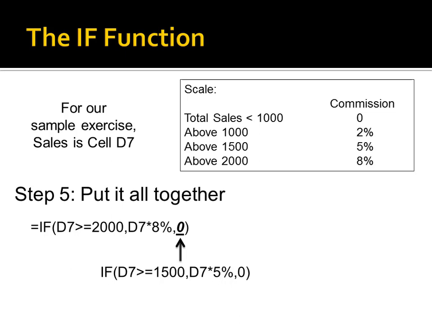Now, stay with me for a second. I want you to notice that the top function has an open parenthesis and a closed parenthesis. This function we're about to put in has an open parenthesis and a closed parenthesis. So, since this is going at the very end, you will have 2 closing parentheses.